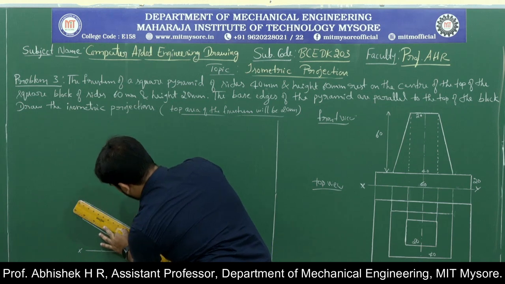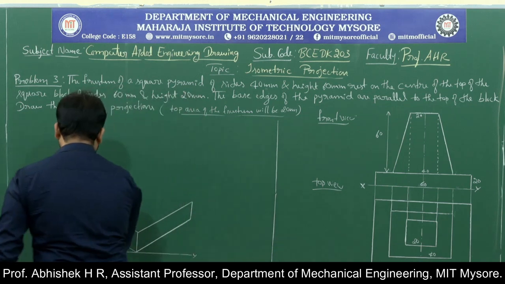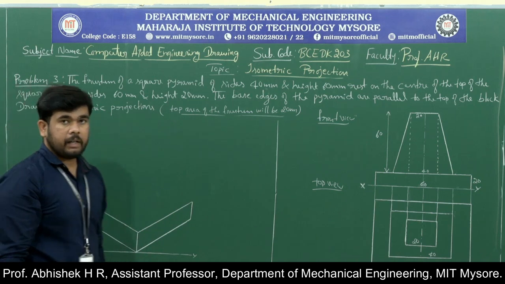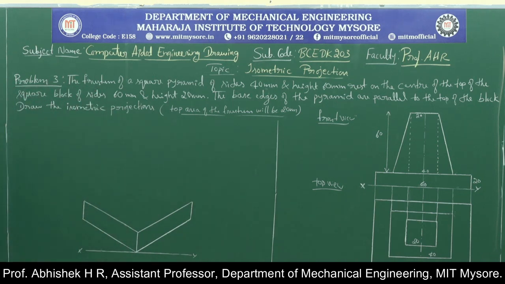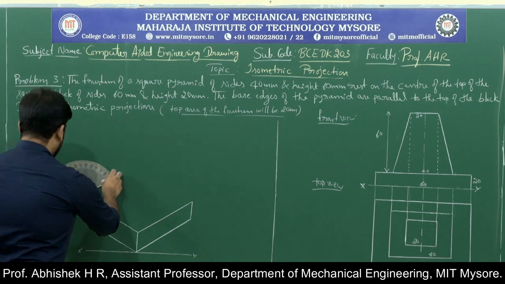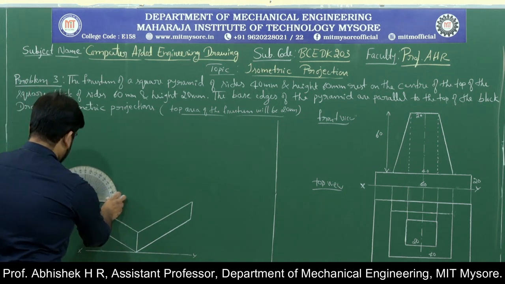You should use the scale and protractor properly, otherwise you will not get the exact dimension. Now again from this I need to draw the 60 mm line to make it a square block.